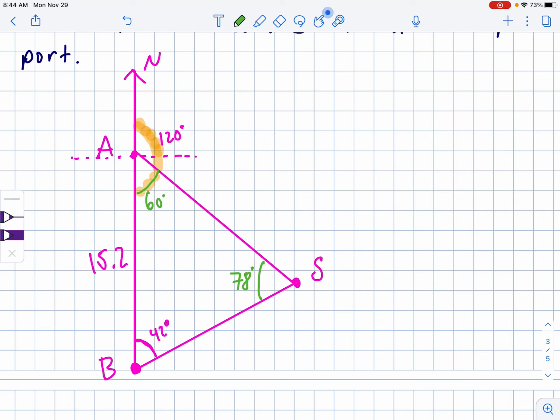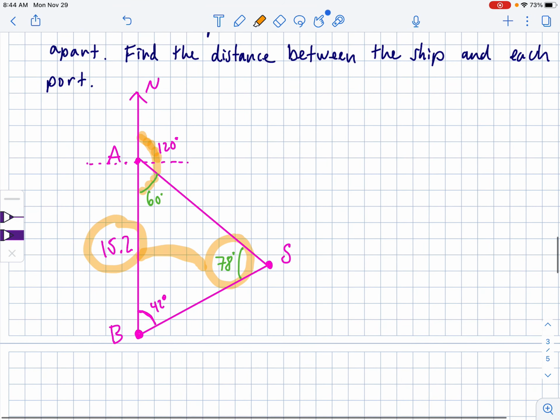Now, with law of sines, I'm always searching to see if I have that pair of angle and opposite side. Notice, now that I have 78 degrees and I know 15.2, that's a solid pair, which means I can use law of sines. Now, let's call this side little b and this side little a, because they're directly across from capital B and capital A. Let's solve for b first.